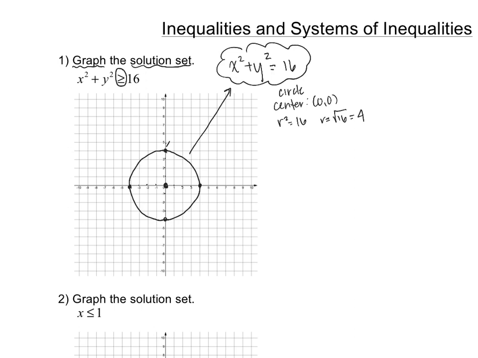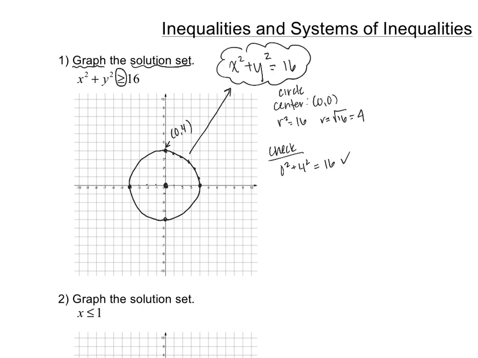In particular, the top point, 0, 4, will satisfy that equation. If you don't believe me, we can check that. 0 squared plus 4 squared is supposed to equal 16, which it does. And so every point on this graph is going to satisfy that equation.